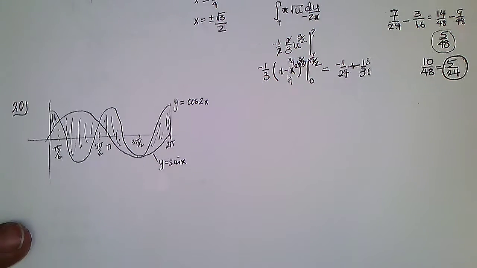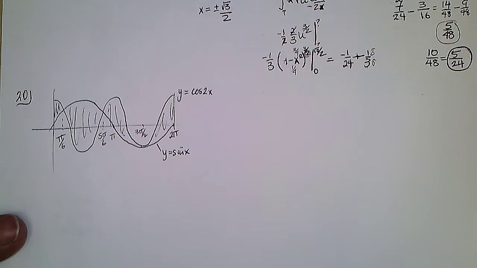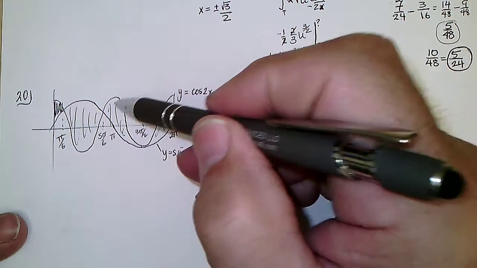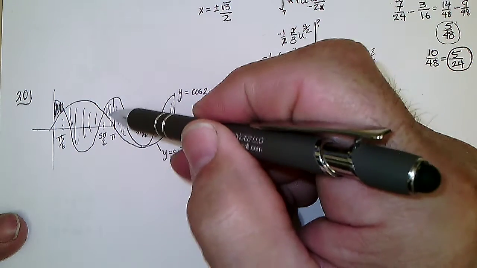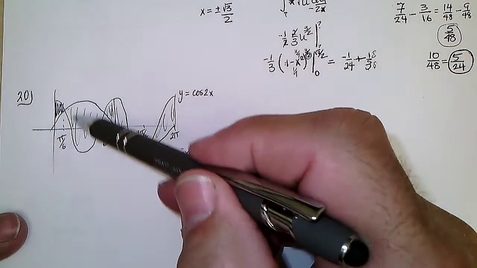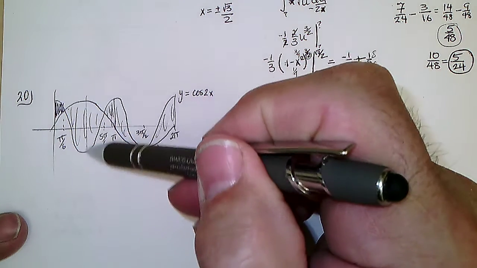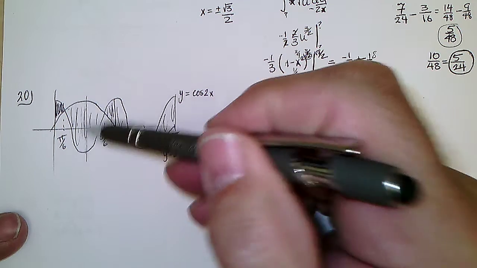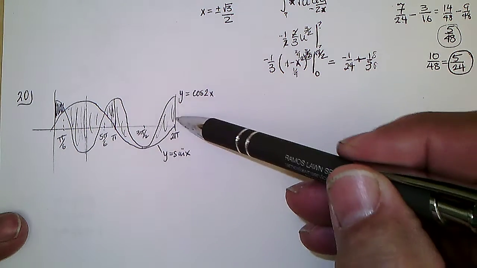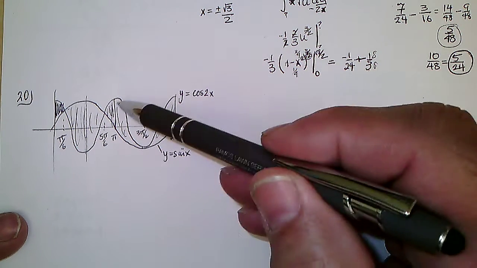Okay, this one. So this area matches this area. And then I have all of this, which is this area matches that area. And then from here to here, this one is all below this one.